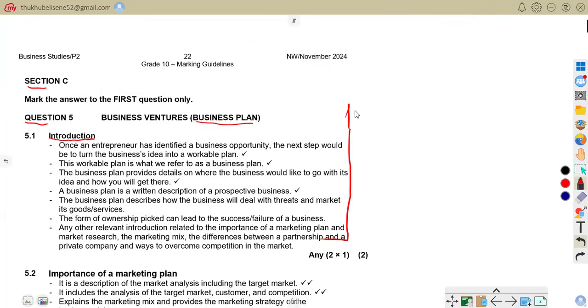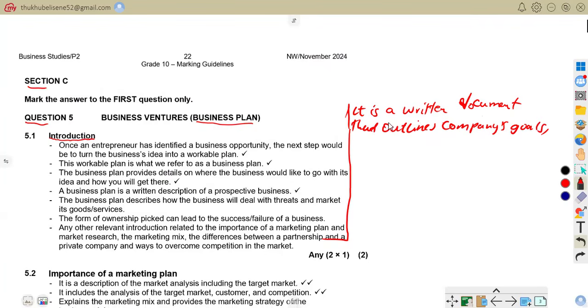It is a written document that outlines a company's goals, strategies, target market, and financial forecast.